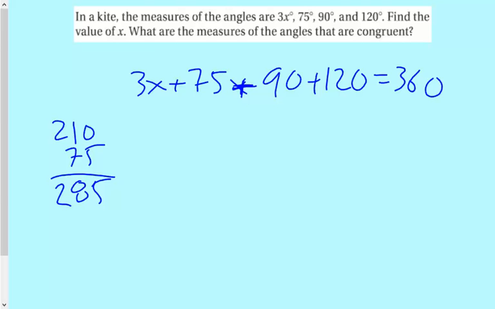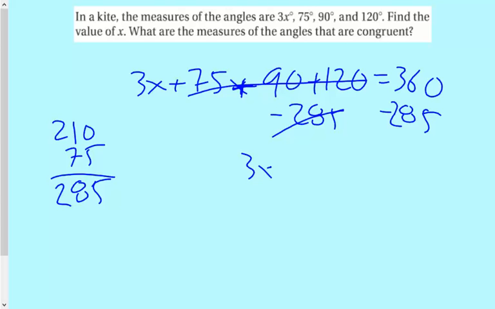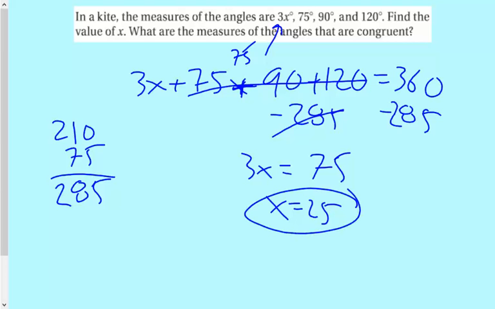So I'm going to subtract 285 from both sides. So that's gone and that's gone. 3x equals 75, so x equals 25. So that makes that angle 75. So x is 25, and then the 75 and the 75 are going to be the two that are congruent.